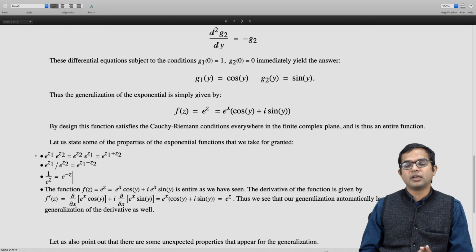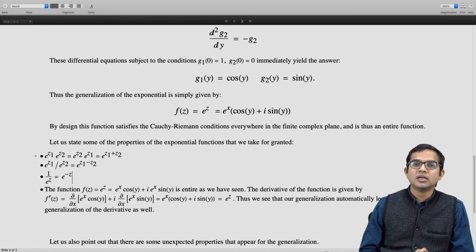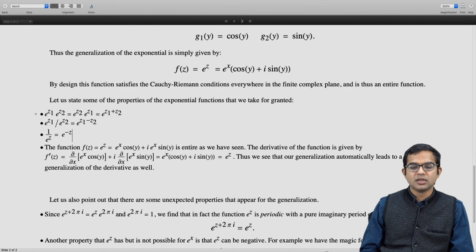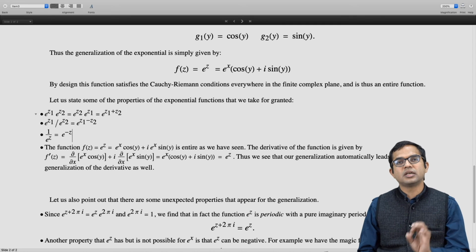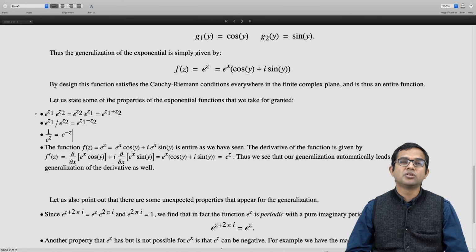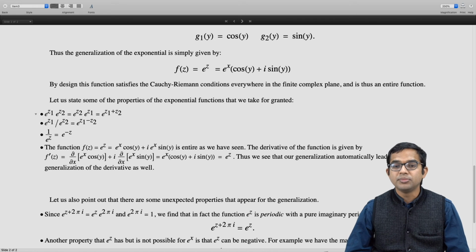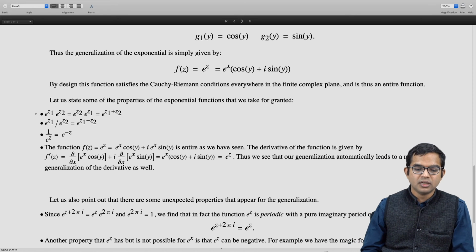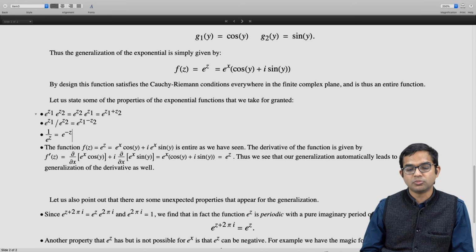So these are all properties which are familiar from the exponential of a real variable, but there are also some properties of the generalized exponential function of a complex number which are a bit counterintuitive. So let's look at some of these. One is that the exponential of z is actually a periodic function. We don't think of the exponential as a periodic function, but when you generalize it, e to the z plus 2 pi i is the same as e to the z times e to the 2 pi i, and e to the 2 pi i is 1.